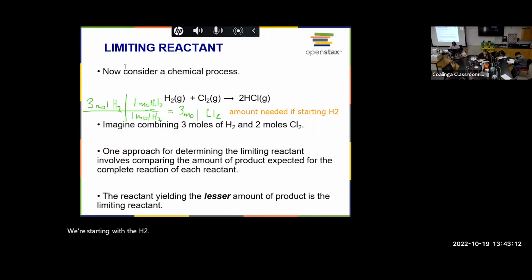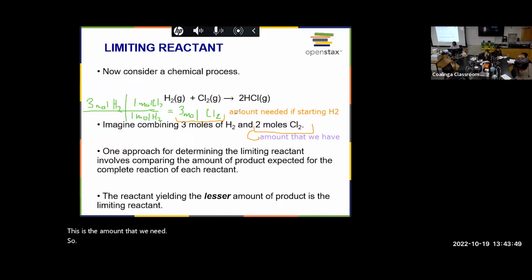And then this down here is the amount that we have. Okay, so is our need greater than our have? This is the amount that we have. This is the amount that we need.